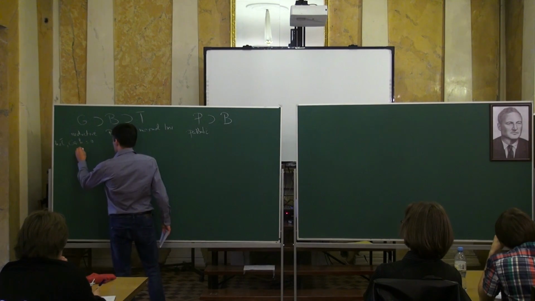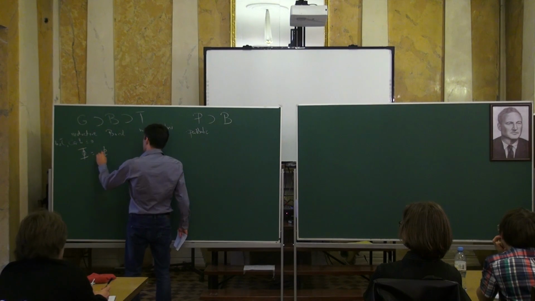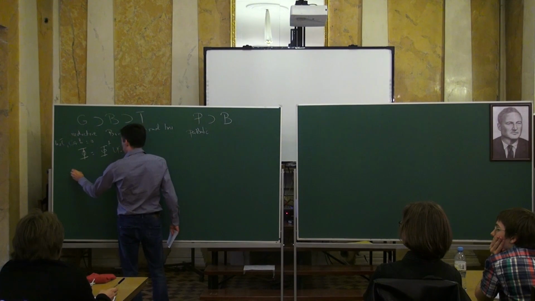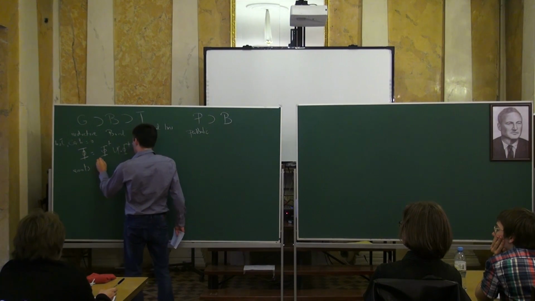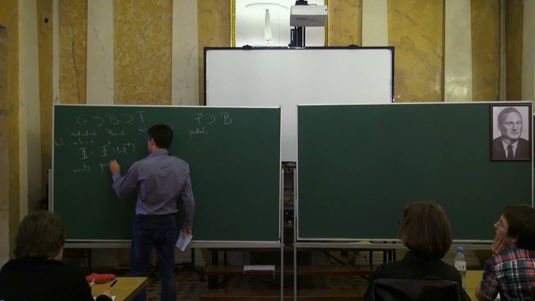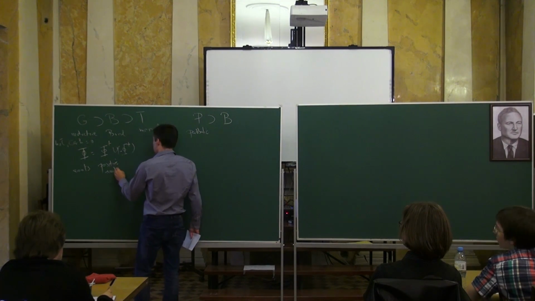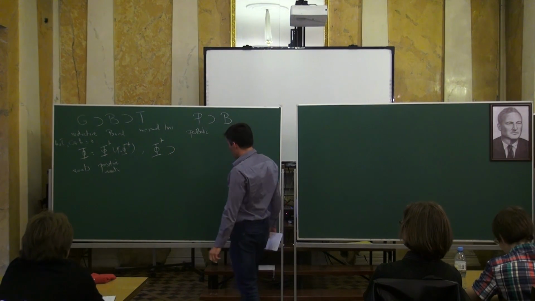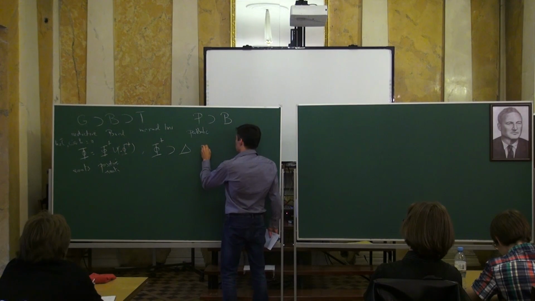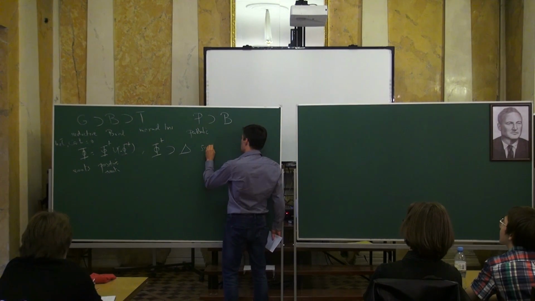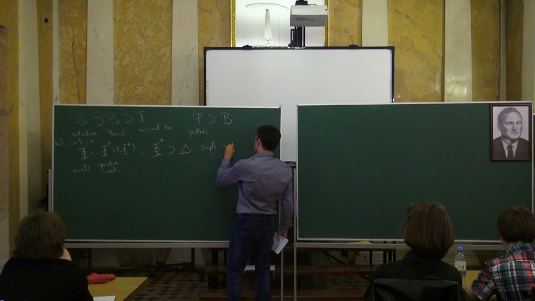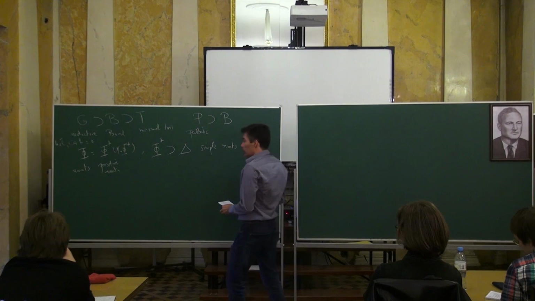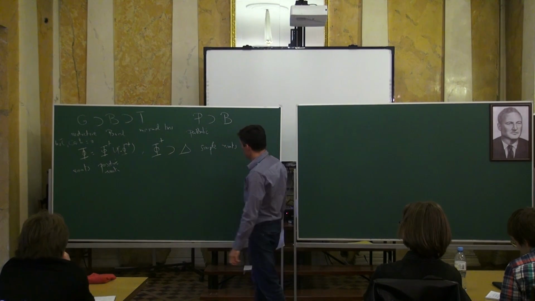Okay, so the notation was like this. We had the root system, the positive roots, and inside Phi plus we had the indecomposable roots, which are called simple. And then we had the Weil group.